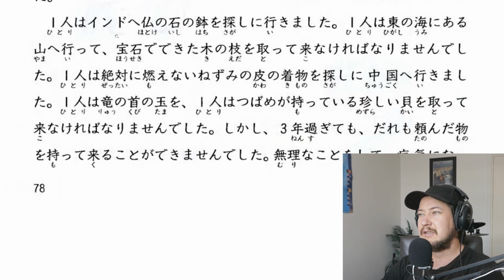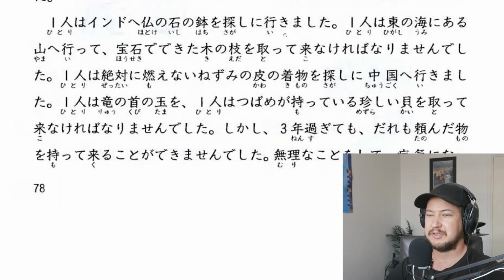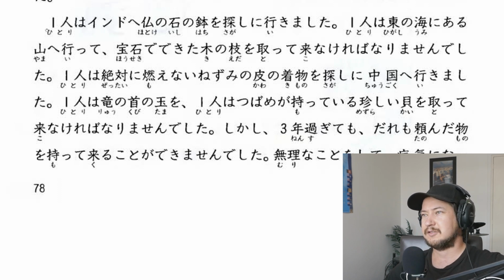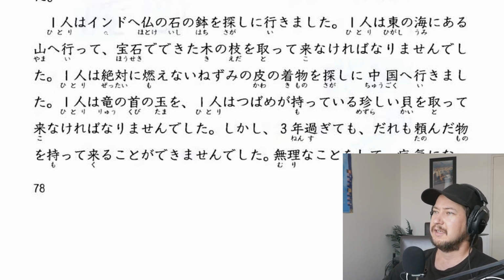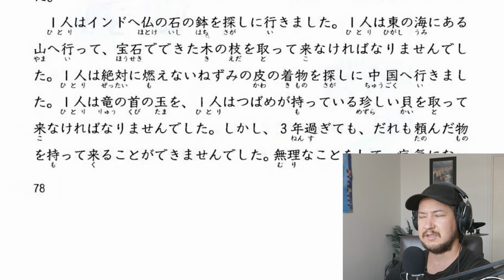一人はインドへ仏の石の鉢を探しに行きました. So one man went to India. So this 仏の石, that's Buddha's rock. And this 鉢, I think it means needle.